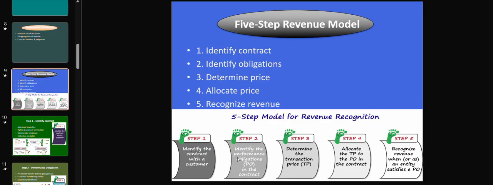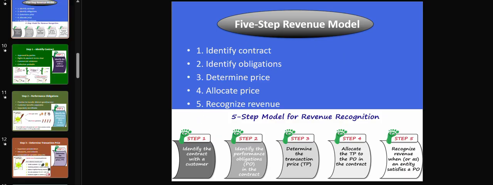Second, identify the performance obligations in the contract. Third, determine the transaction price. Step number four is the allocation of the transaction price to the performance obligations in the contract. The last step, step number five, is to recognize revenue when or as an entity satisfies a performance obligation. These are the five steps of the model. Now we will look into these five steps one by one.